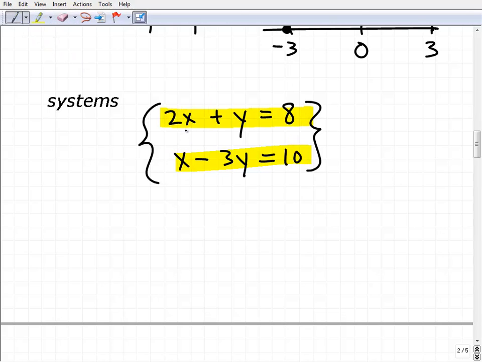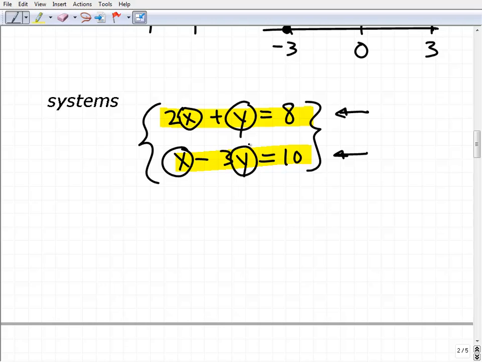You can see here we have 2 variables, x and y. Here's an equation, and it has 2 variables, an x and a y. And here's another equation, and it also has two variables, x and y. A system is essentially two lines grouped together as one model.